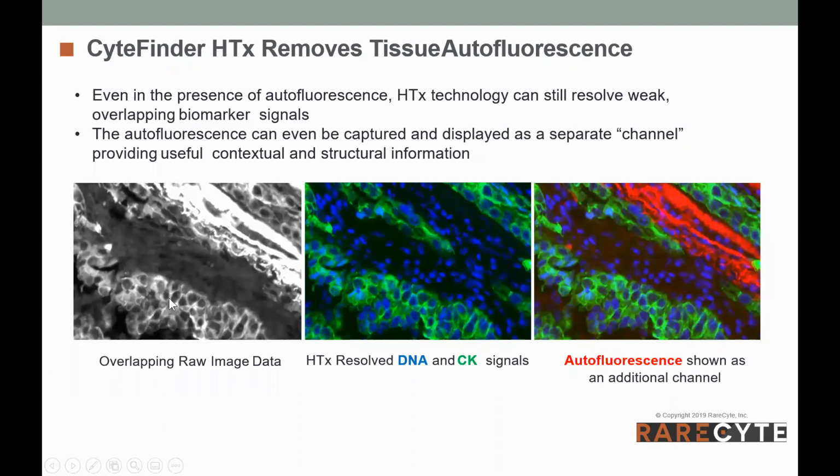For example, this is a raw image without unmixing. If you run the same workflow, you can start to see the CK, the cytokeratin signal, as well as the nucleus signal, and you tease out the background signal that shows up here in red. In some cases it will also be interesting to learn what kind of fluorescence signature this represents.